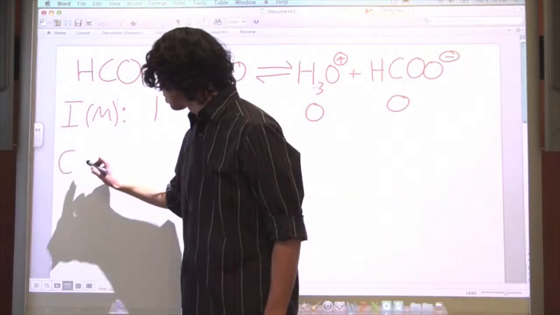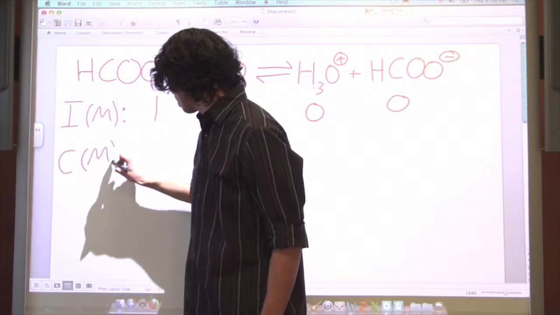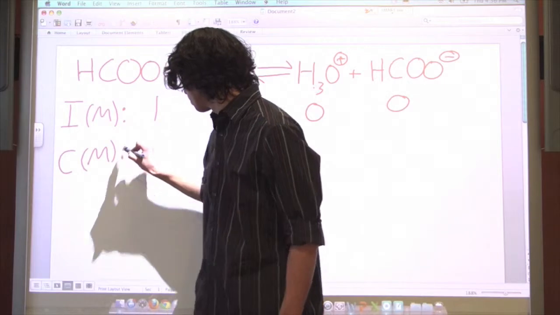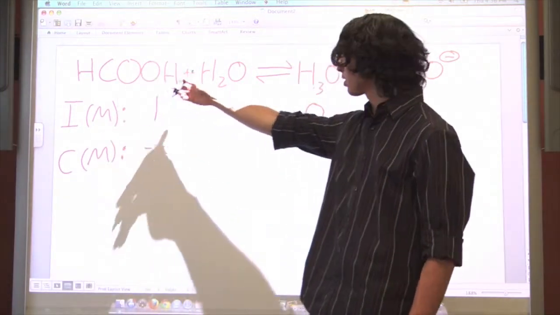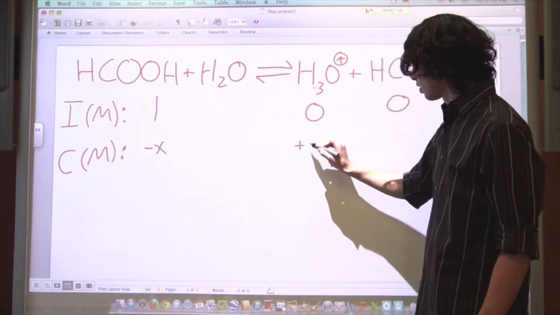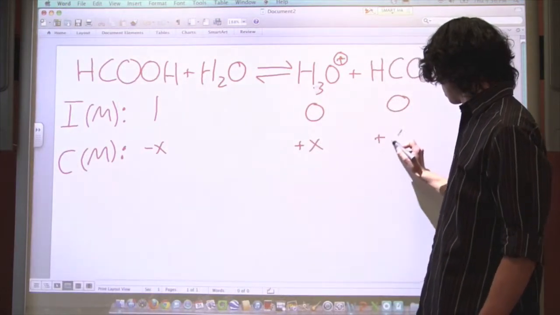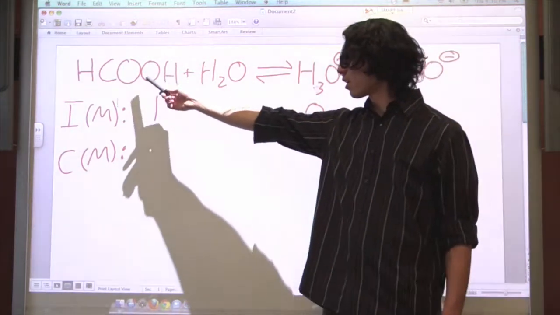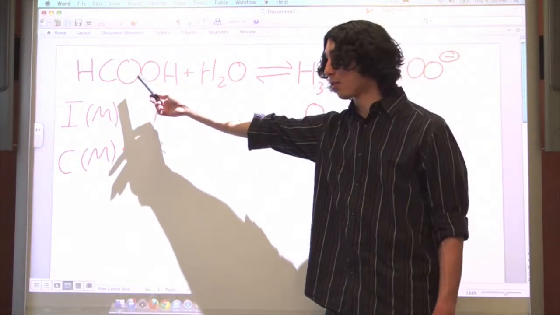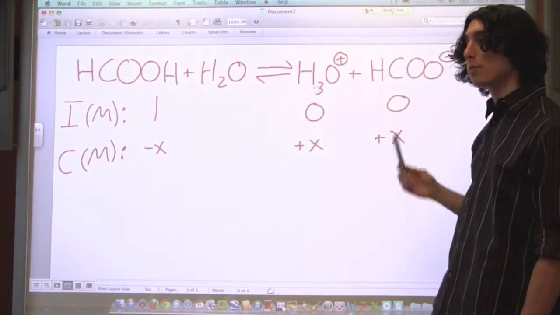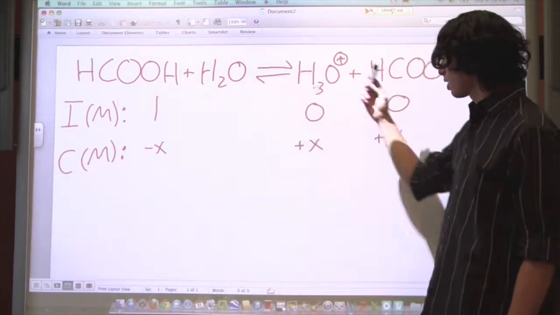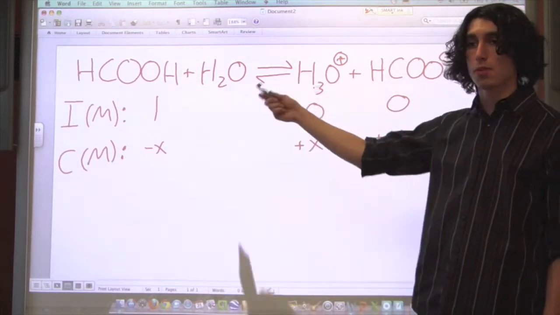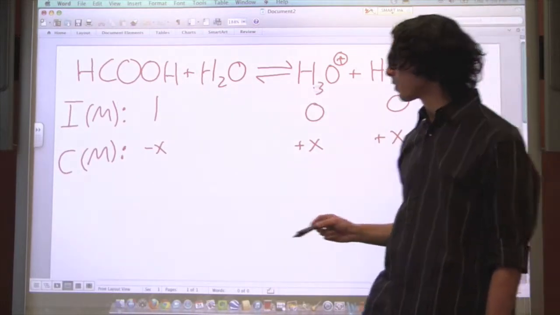The change, again in molar, is going to be minus x because this side is reacting, going this direction. And for each formic acid that reacts, we're going to get a hydronium and a formate ion. So minus x on that side results in a plus x because of the 1-to-1-to-1 stoichiometry.